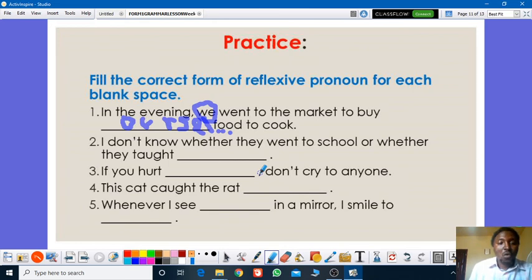Number four: This cat caught the rat itself. Number five: Whenever I see myself in a mirror, I smile to myself.